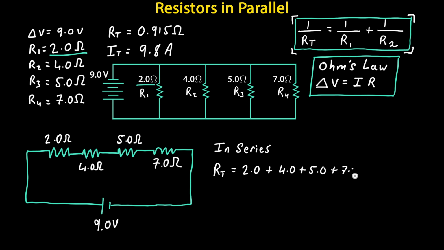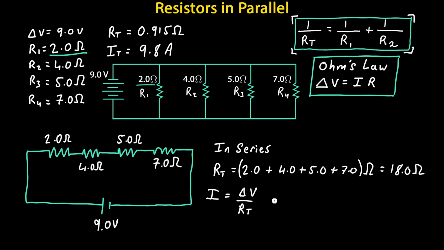So we have a different formula to find the total resistance of a series circuit compared to a parallel circuit. The total resistance for this circuit came to 18 ohms, which is much higher than the 0.915 ohms we got for the parallel circuit with the same resistors.